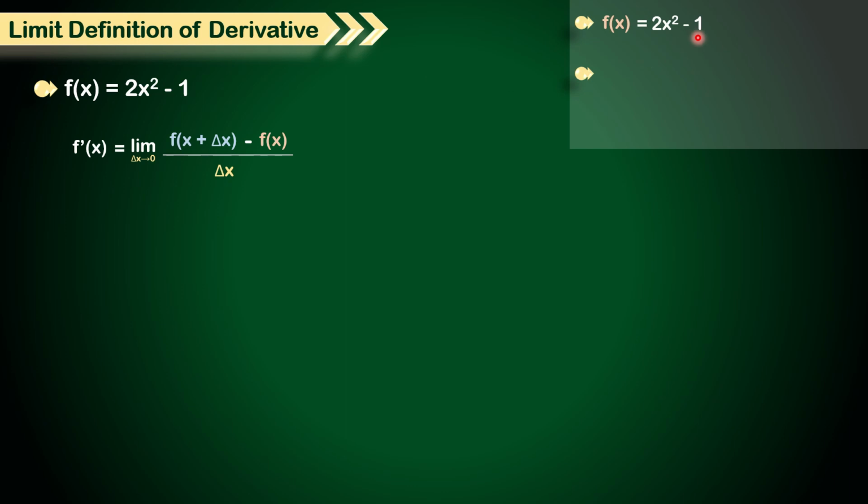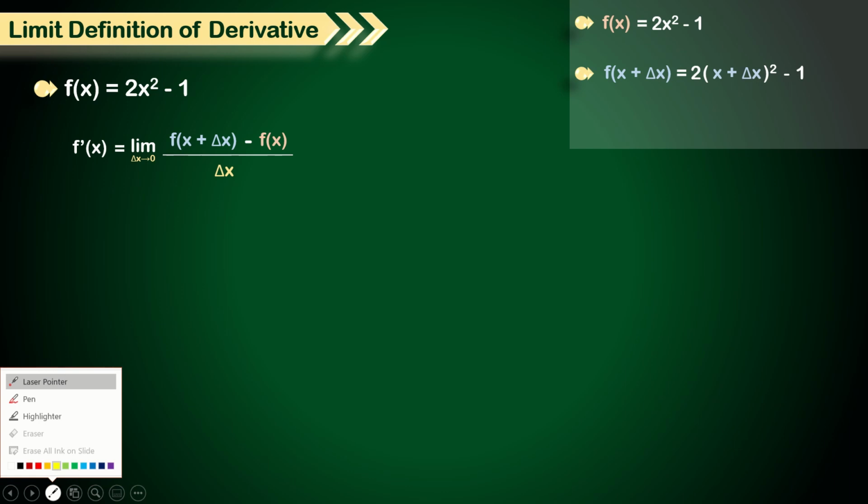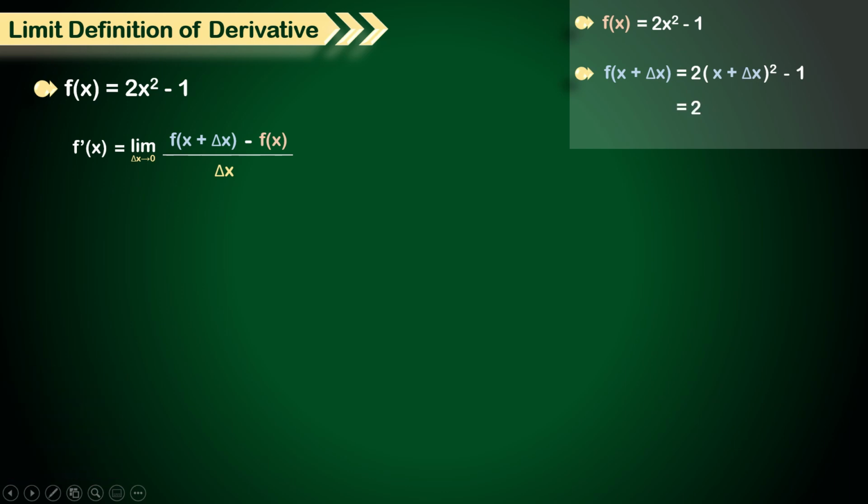F of x plus delta x is equal to 2 multiplied to the square of x plus delta x subtracted into 1. Expand the binomial. We have 2 multiplied to x squared plus 2x delta x plus delta x squared subtracted to 1.